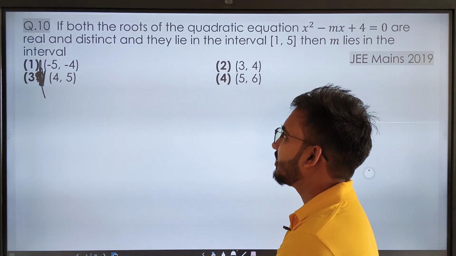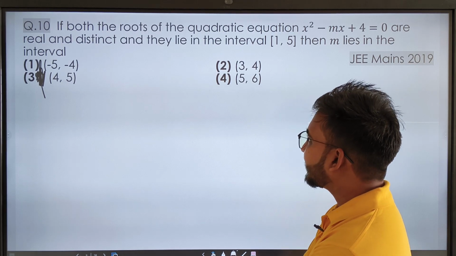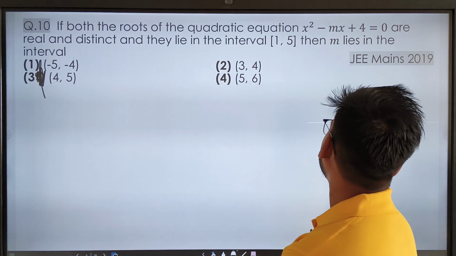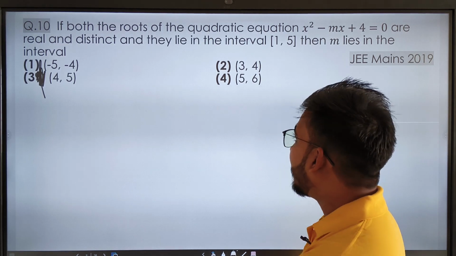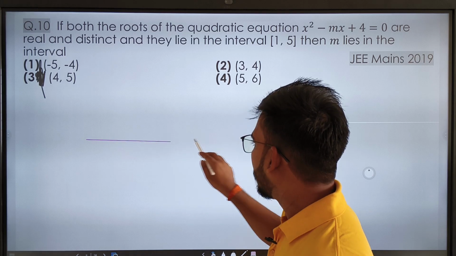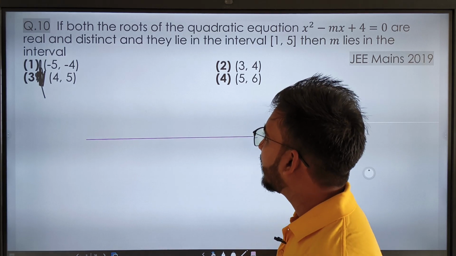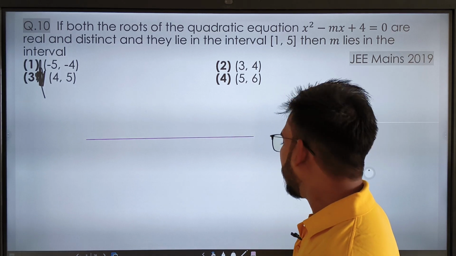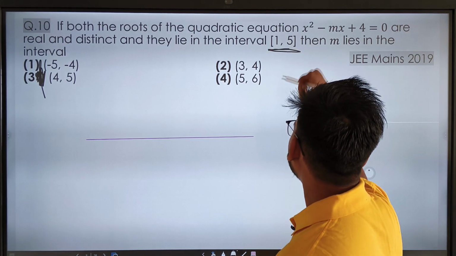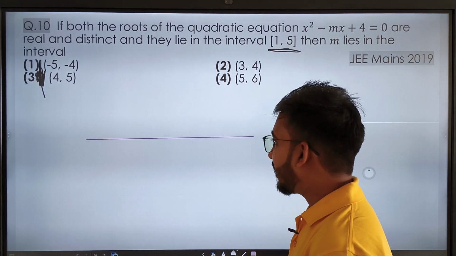Thank you. So if both the roots of the quadratic equation x square minus mx plus 4 equals 0 are real and distinct, and they lie in the interval 1 comma 4, in these kinds of problems we should solve with the help of graphs.